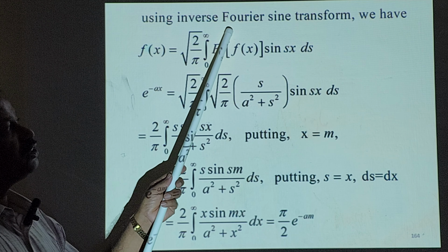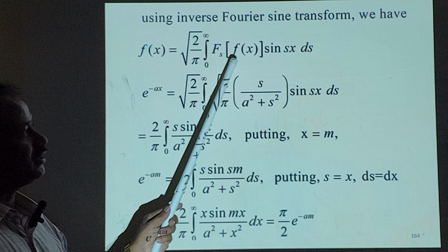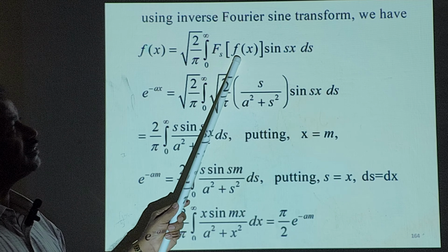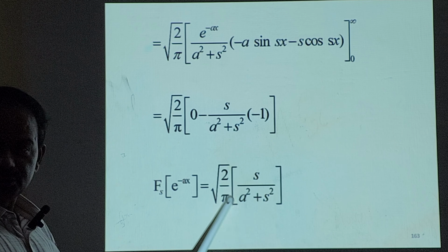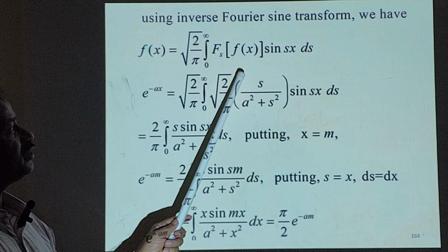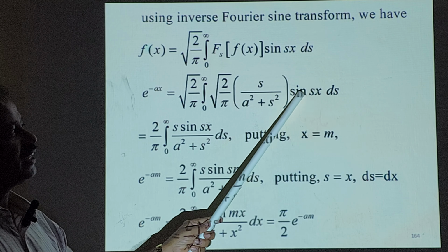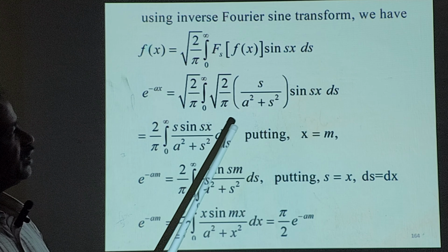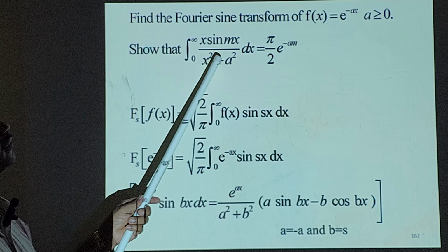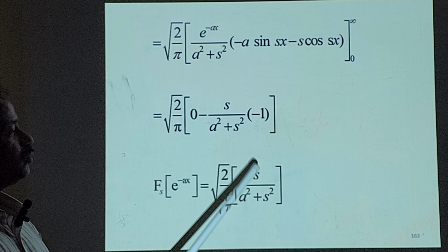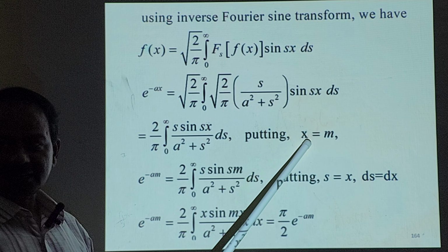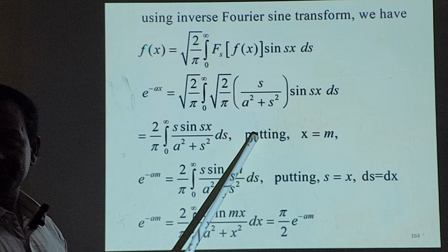Now we will have to use the inverse Fourier sine transform, which is given by this. Instead of f of x, we will have to use this term, which is nothing but this, times sin sx ds. Okay, now we will have to deduce this one. So what I am going to do is just apply x equal to m here.